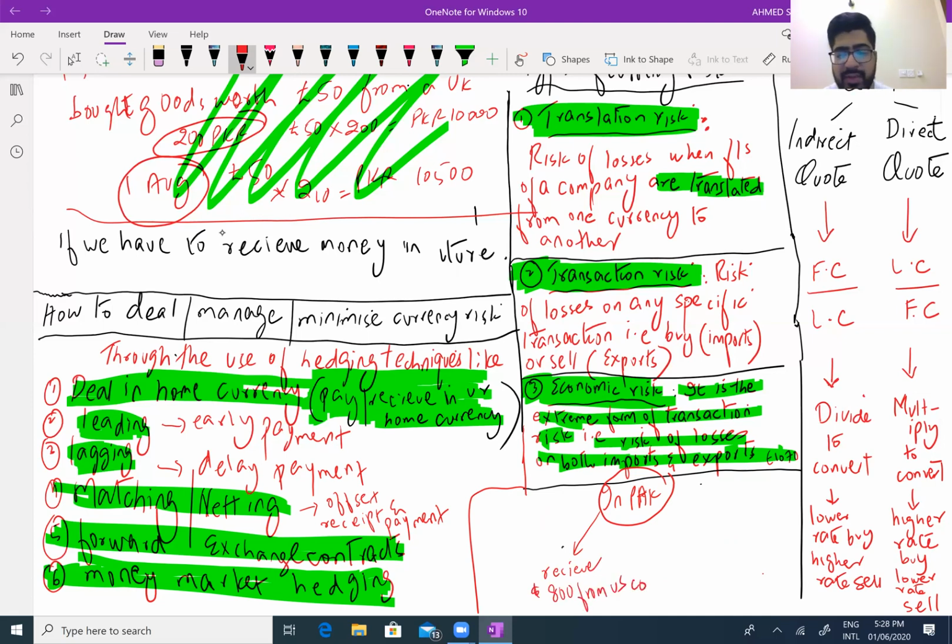I have to receive $800 from a US company and I have to pay $1,000 to a US company. I'm in Pakistan. Now let's suppose I settle these transactions in the way that I have to pay $1,000 to a US company.